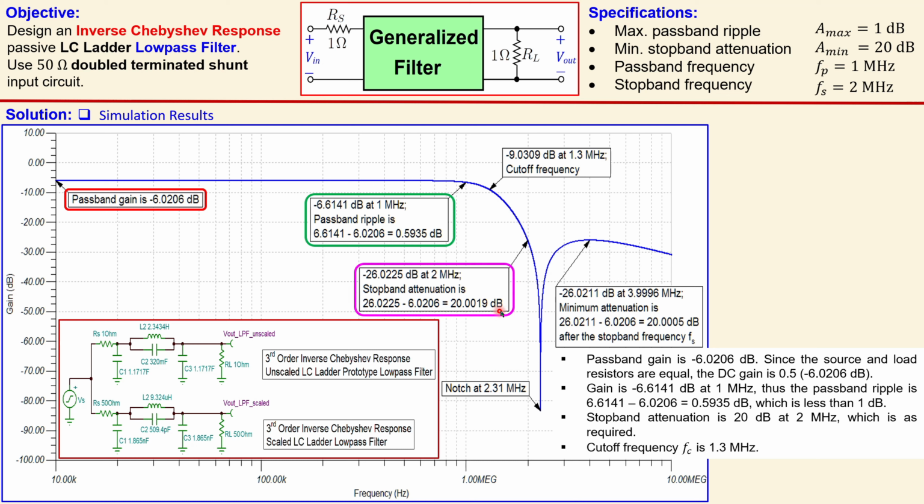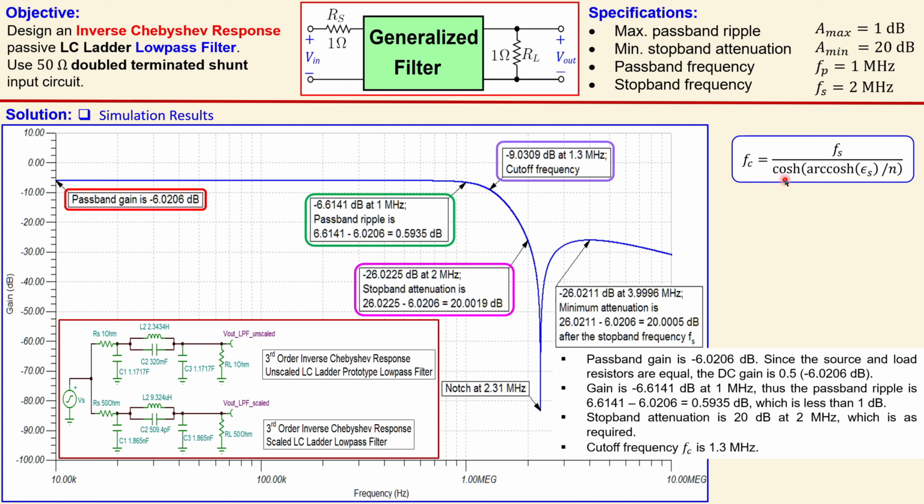The final one is the cutoff frequency, which is not a specification, but we can calculate that, which is actually shown here, 1.3 megahertz. Again, you go down by 3.01 dB, and you can see that it's happening at 1.3 megahertz. But how do we calculate this cutoff frequency for the inverse Chebyshev response filter? We can use this formula. Again, you look at the Fs, not the Fp, which is the stop band frequency.